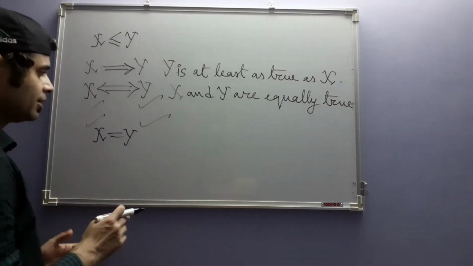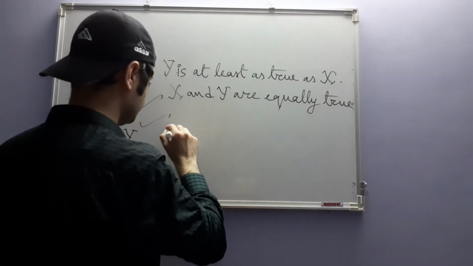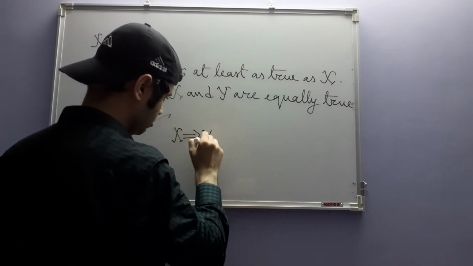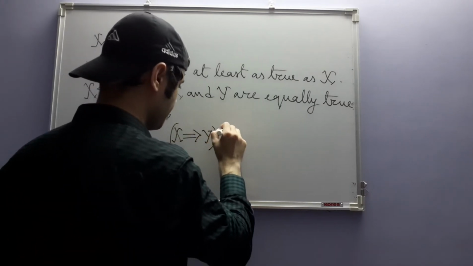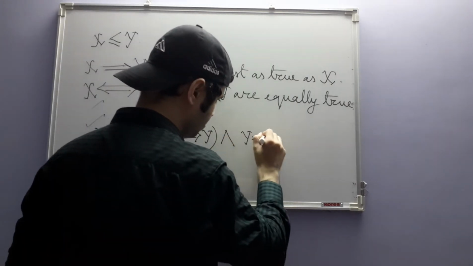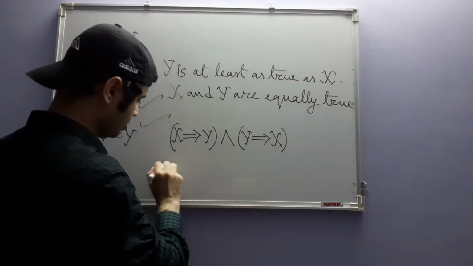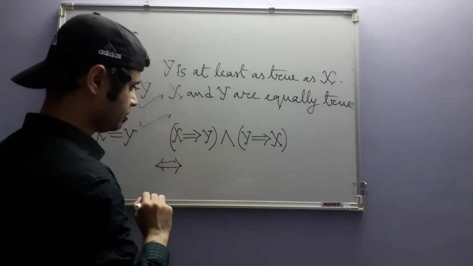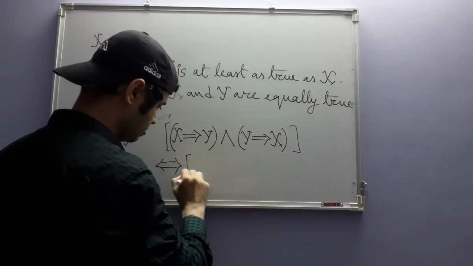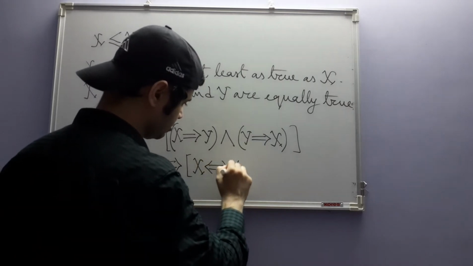It's not something very difficult. You can prove another law. X implies y and y implies x is logically equivalent to, although it looks very complicated, but you can prove it using truth table.